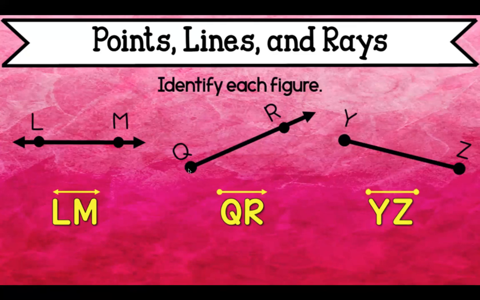That would be called ray QR. Now we have over here YZ. That is called a line segment because it has a dot or a point on both ends and it does not go on forever in either direction. Okay, so that is called segment YZ.